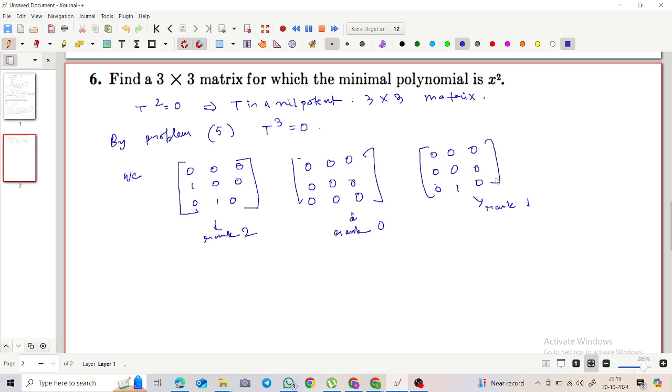So the minimal polynomial of this is x, just x.